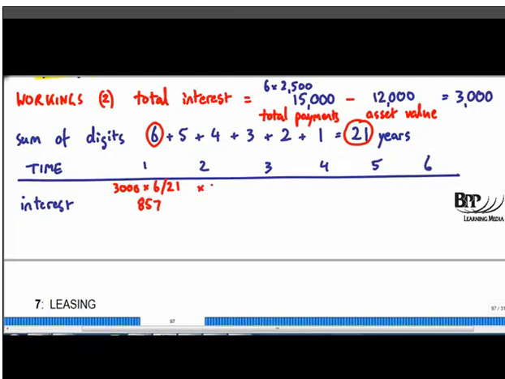For year 2 it will be 3,000 times 5, being the second digit, over 21, which gives me 714, and then it's 3,000 times 4 over 21, 3 over 21, 2 over 21, and finally 1 over 21. So 3,000 multiplied by those will give me a fairly accurate figure for the interest implicit in the lease.